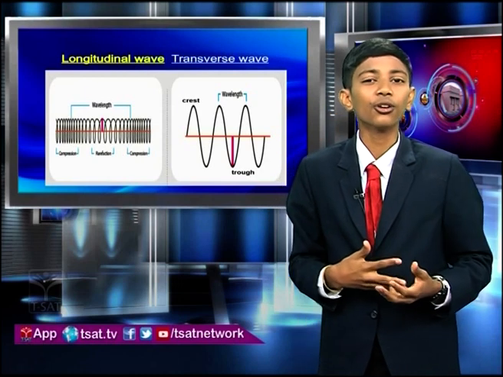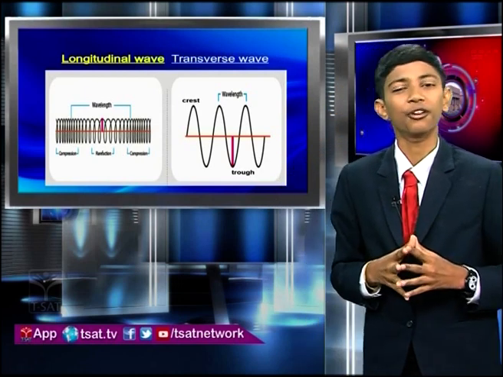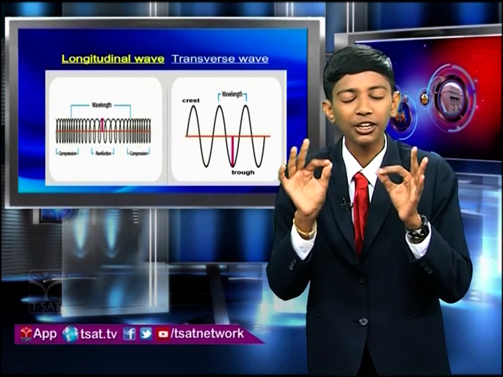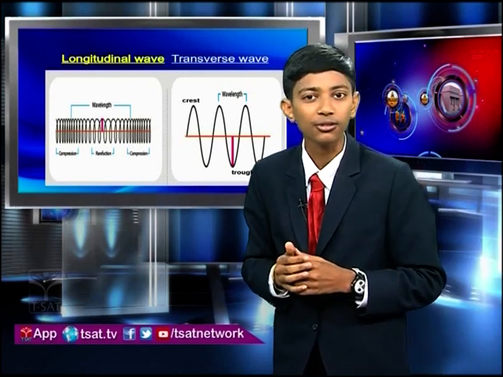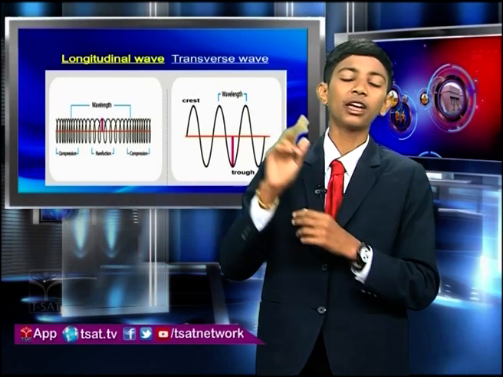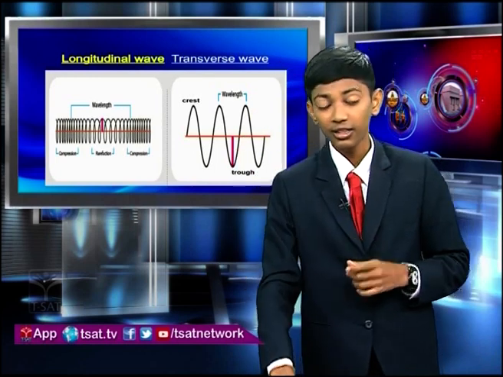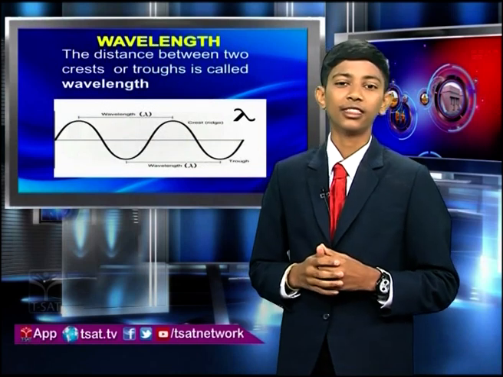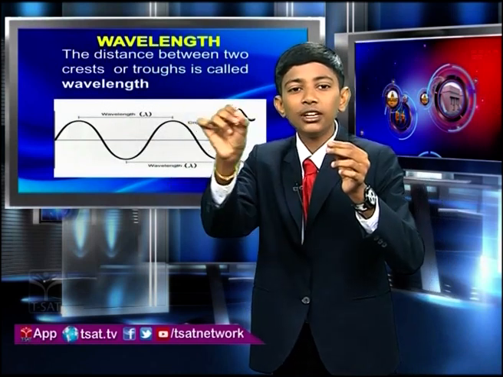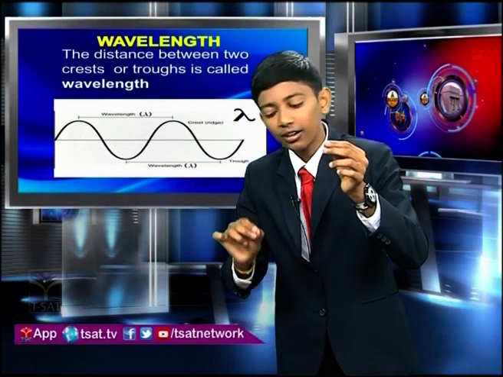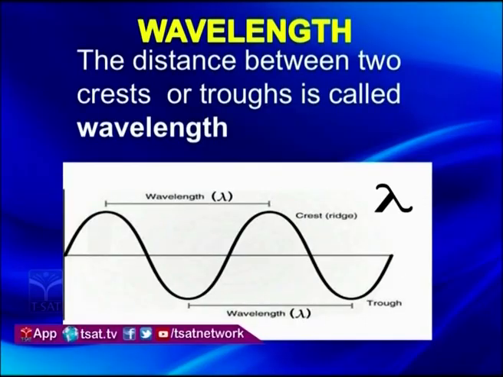Now, there are also some parameters for waves, and it is very important to know about them. There are two main parameters of waves. The first one is wavelength. In a wave, the length between two crests or two troughs is called the wavelength, and this wavelength is denoted by lambda.